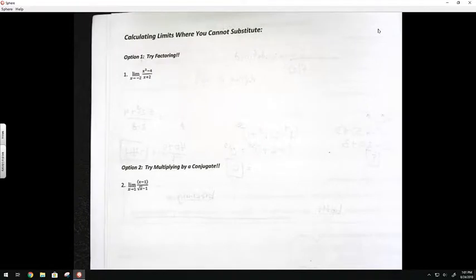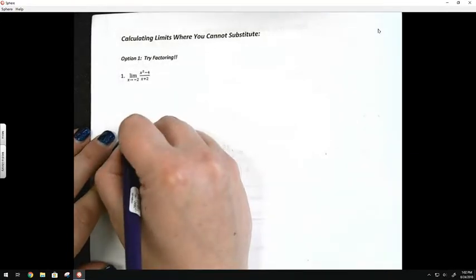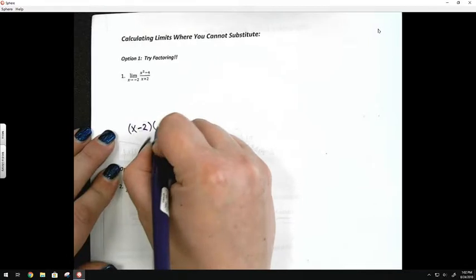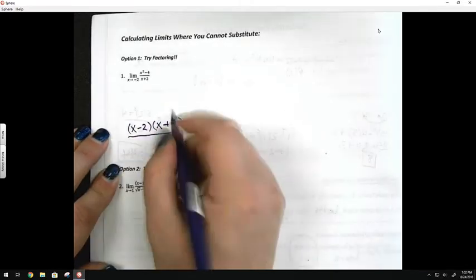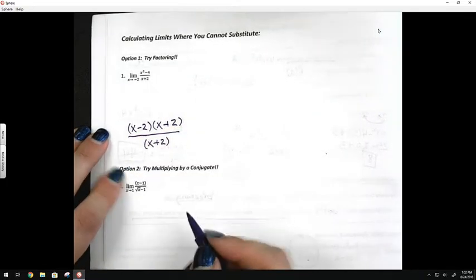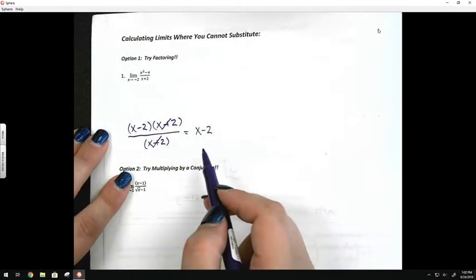When we look at this, hopefully you can recognize right away that the top, x squared minus 4, is the difference of squares. So I can factor it as x minus 2 times x plus 2. And on the bottom I have x plus 2. And I know that those will cancel each other. And this whole thing just simplifies down to x minus 2.